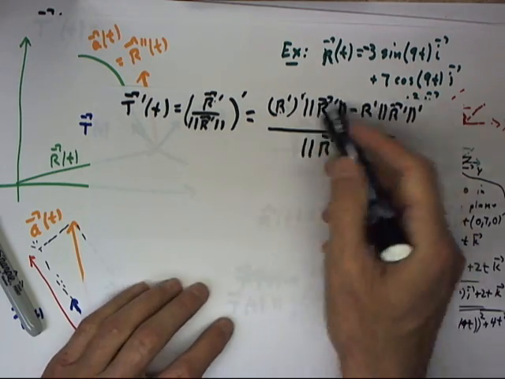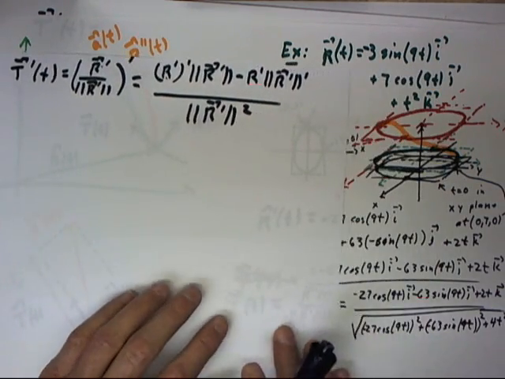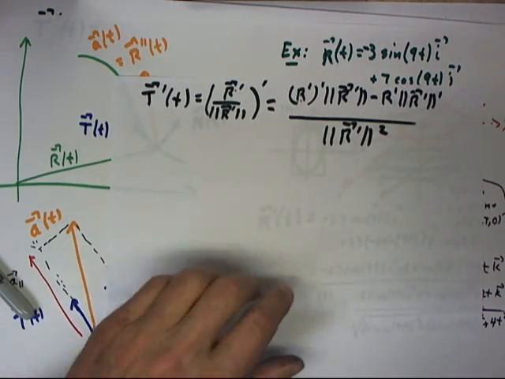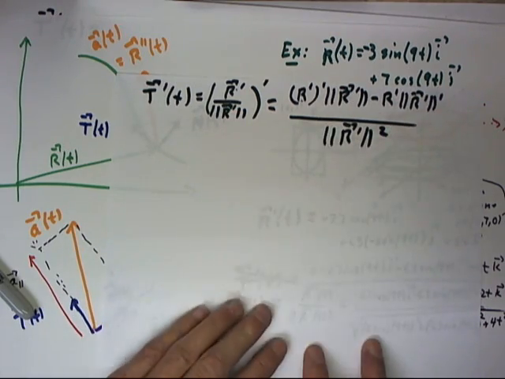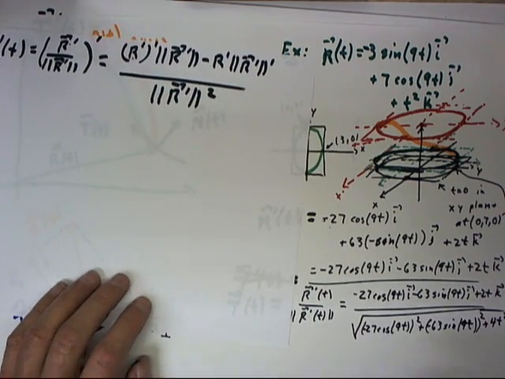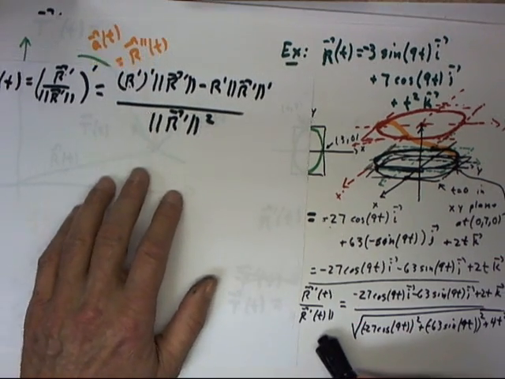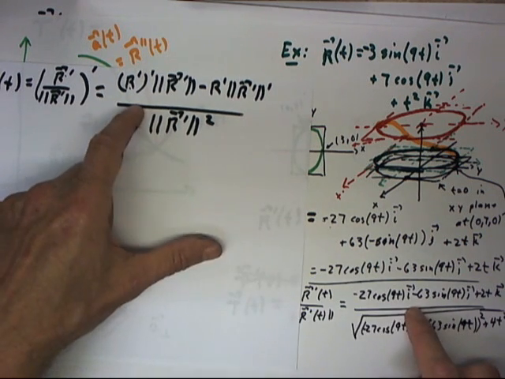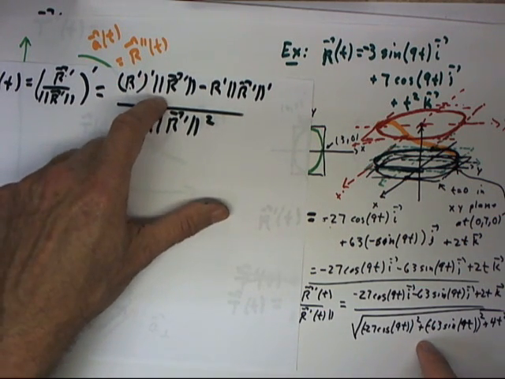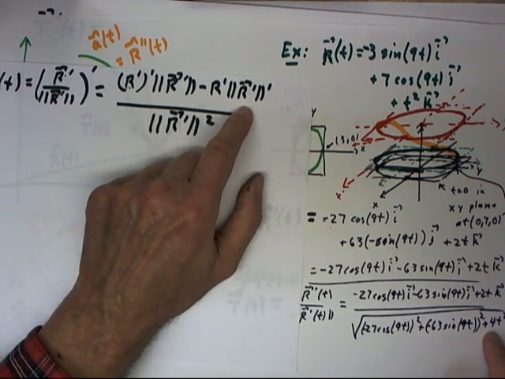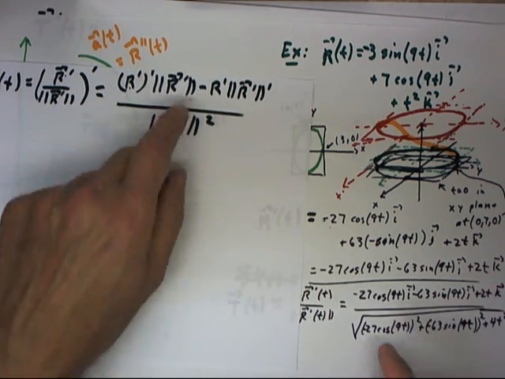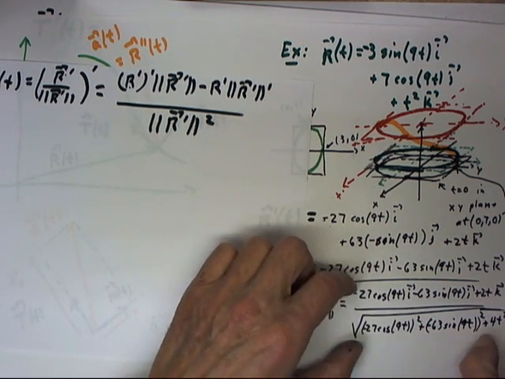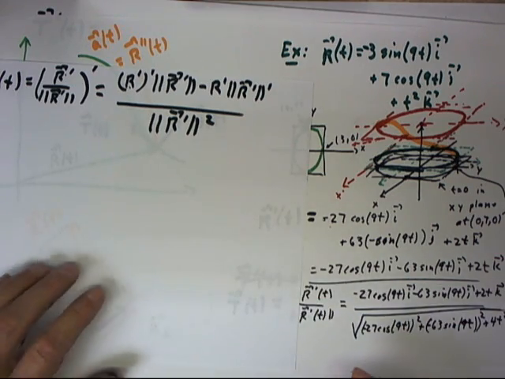Now remember, r prime is something we've already calculated right here, so we can use that expression for r prime. And this expression here just represents, again, r prime over magnitude of r prime. So it's just the derivative of the numerator, r prime, times the denominator, minus the derivative of the denominator, which is magnitude of r prime, times the numerator, then divided by the square of the denominator. If we were just looking at this expression, we would probably write it out similarly.